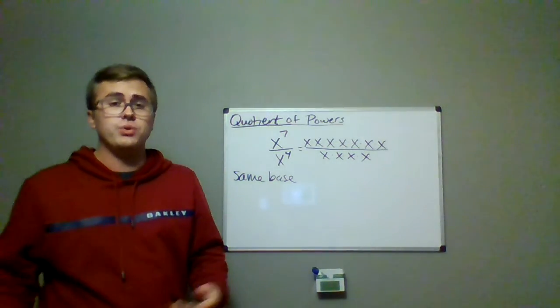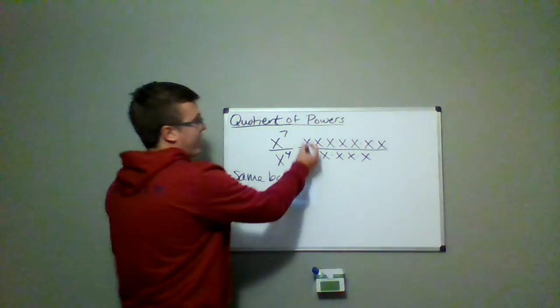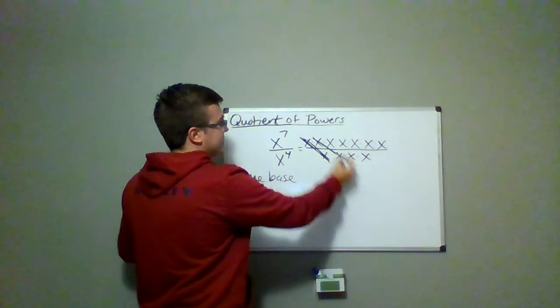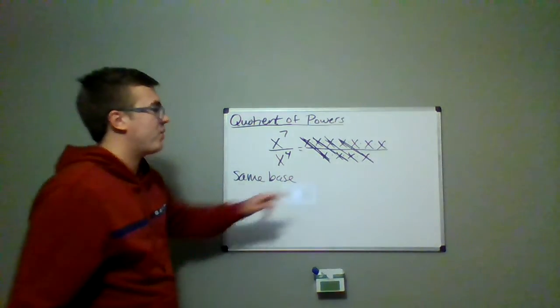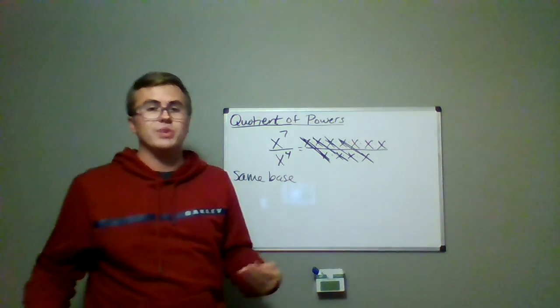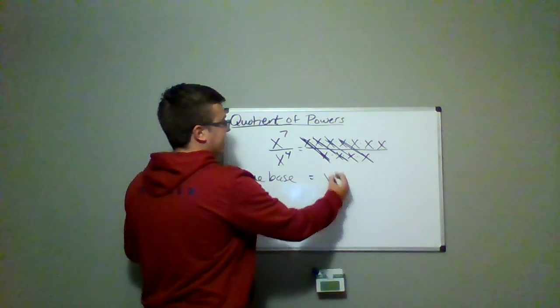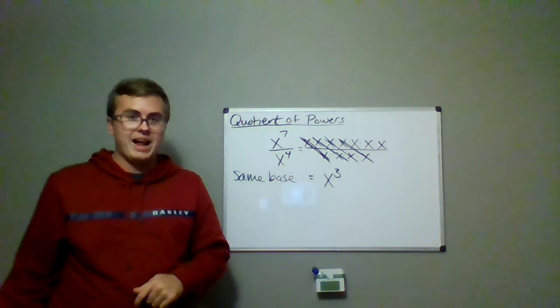So I'm going to start canceling things out. I've got 1 pair that cancels out, 2 pairs that cancel out, 3 and 4 pairs that cancel out, leaving just those 3 x's on the top. So I would have x to the 3rd power as my final answer.